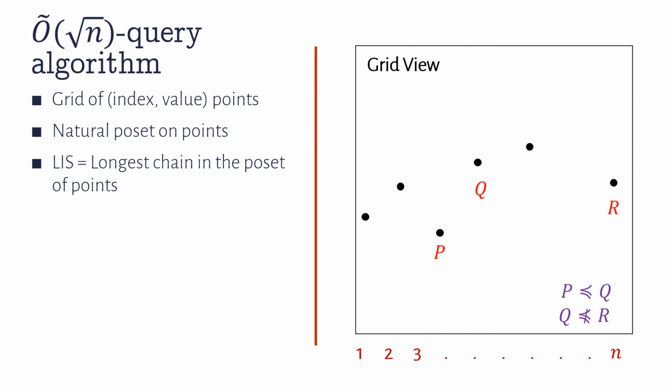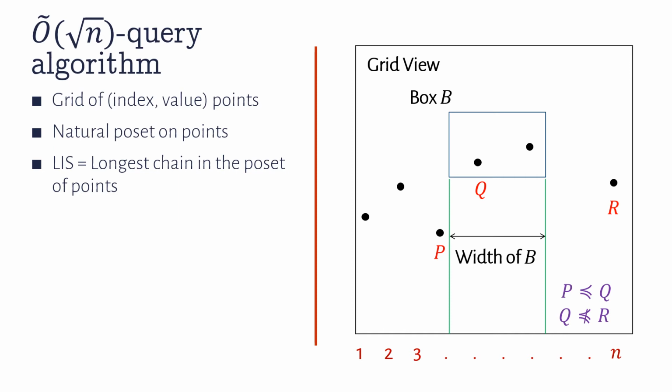We say that the point P is less than or equal to point Q in this poset ordering because point Q lies to the northeast of point P. And we say that point Q is not comparable to point R. And LIS is a longest chain in this poset of points.